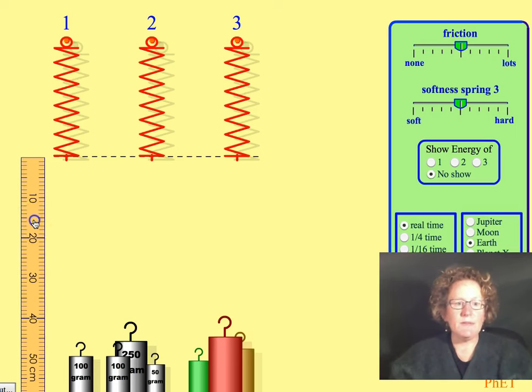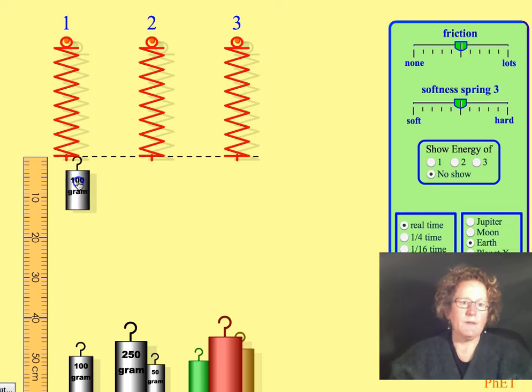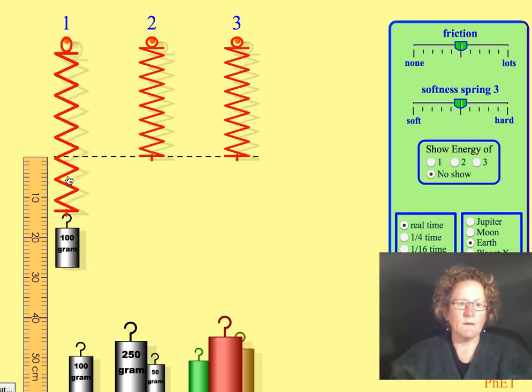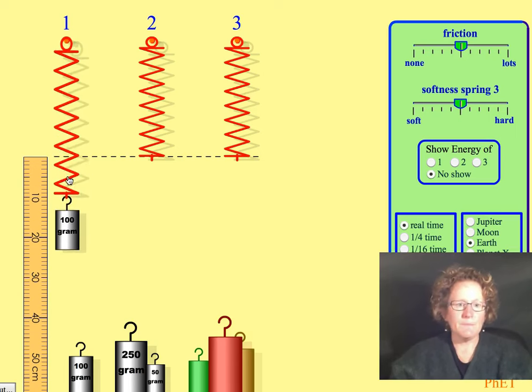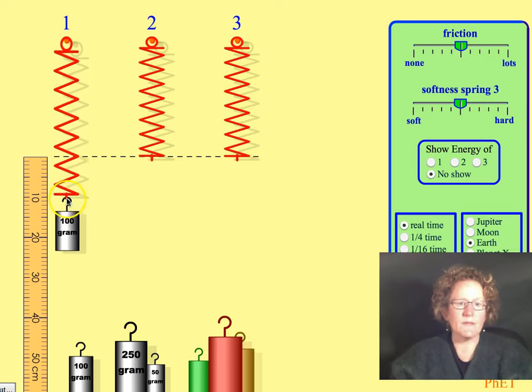And we can do that by taking this ruler here, putting the 0 at this dotted line, and then we can take a mass here and hang it. And when it stops bouncing up and down, we can measure where this little attachment point is on the spring, and we can see it's right on 10 centimeters here. So the displacement of this spring would be 10 centimeters.